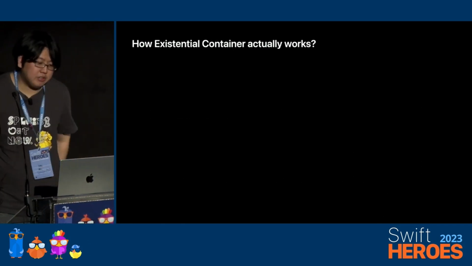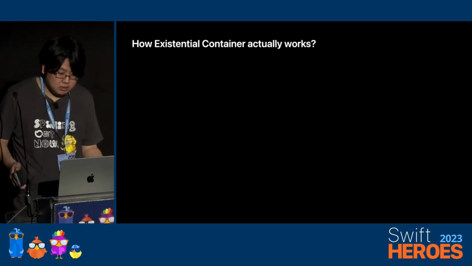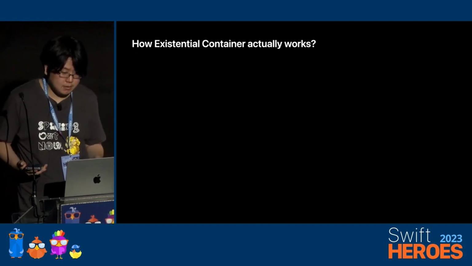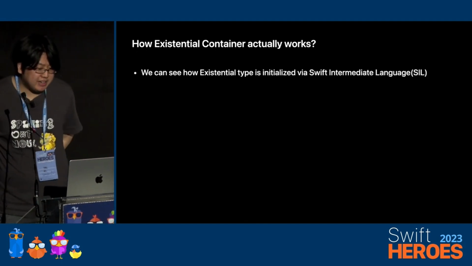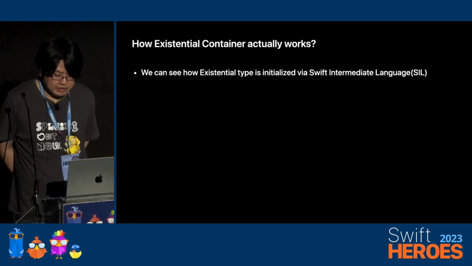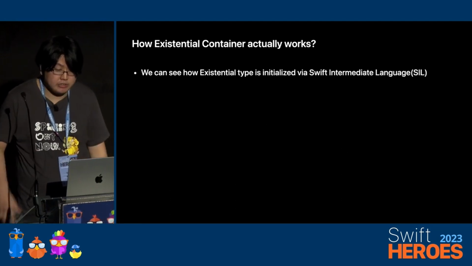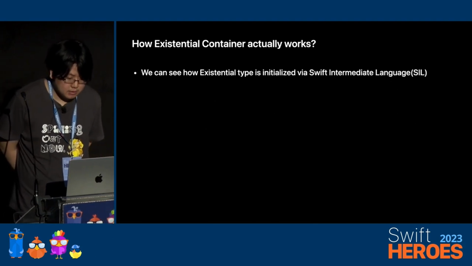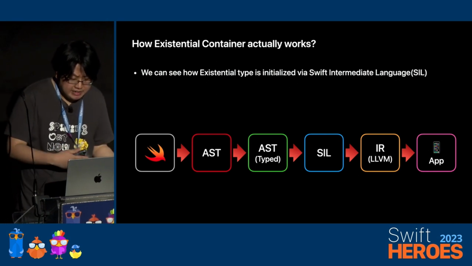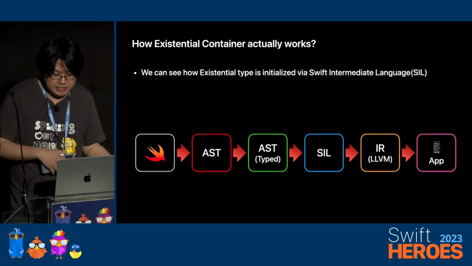Let's look a little deeper, beyond the Swift language, to learn the existential container behavior more. Swift has an intermediate language, named Swift Intermediate Language. This intermediate code explains how existential type actually works. Our Swift code is compiled to Swift intermediate language code before becoming an application.